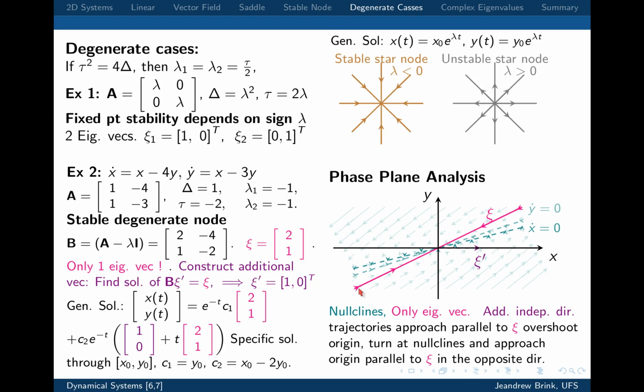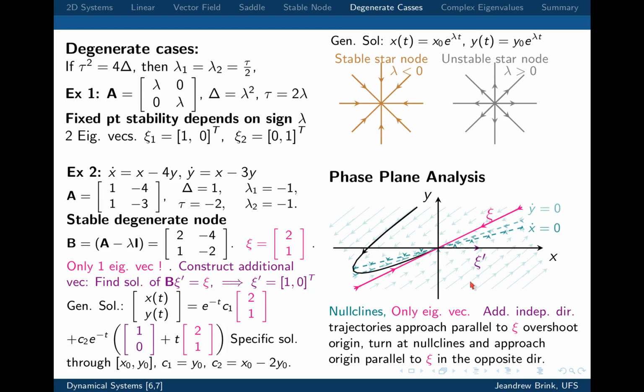Okay. When they initially start, they're also going to go parallel to this line XC. And so what's going to happen is they're basically going to come in parallel to XC, hit one of these nullclines, make a turn, and then come back in and approach the origin parallel to that thing.